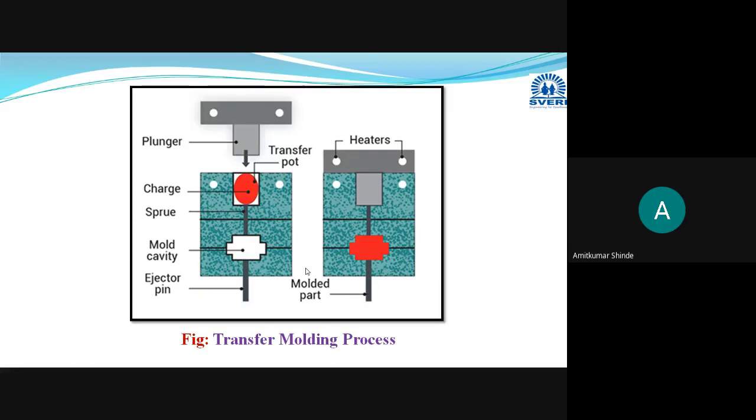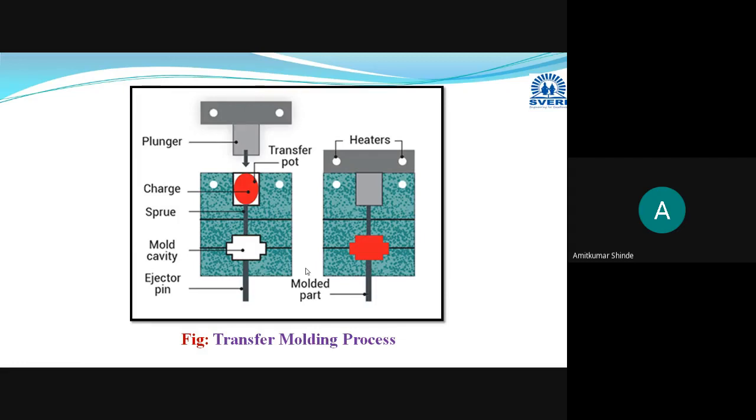Brief classification, then main parts of the transfer mold, then classification of the transfer molding process. After that classification, we will discuss how automation can be employed in this transfer molding process.